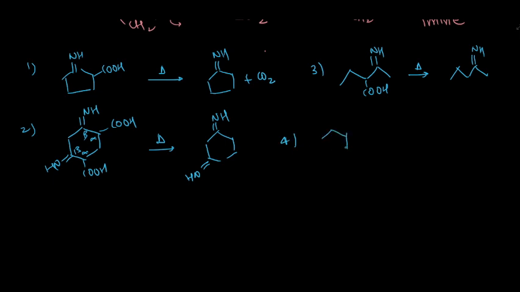Fourth, what type of compound do we have? We have double bond NH and COOH at the beta position. Again, all compounds have a similar type of problem. We have the COOH acid attached over here. Let's look at the fifth problem.